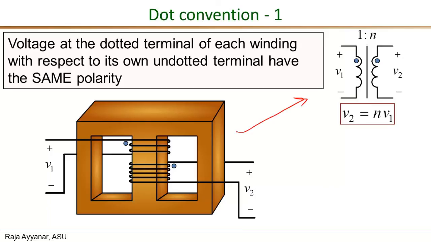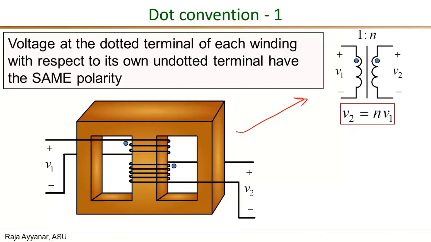Using this rule number 1, I can immediately say that whenever V1, the voltage of the dotted end on the primary side with respect to the undotted end on the primary side, is positive, then V2, the voltage at the dotted end on the secondary side with respect to the undotted secondary end, will also be positive.